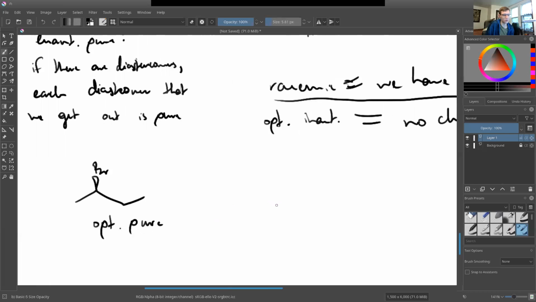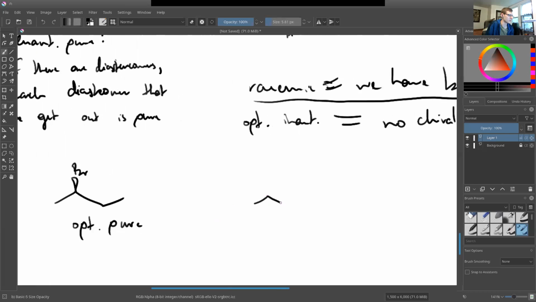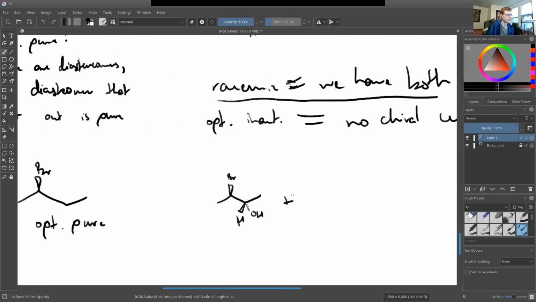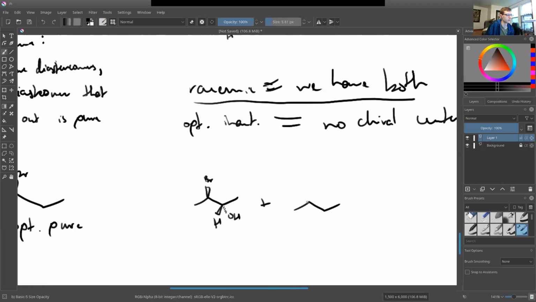let's see, what's something with two chiral centers? Yeah, and I don't know, screw it. Let's put an alcohol there, right? Yeah, right.